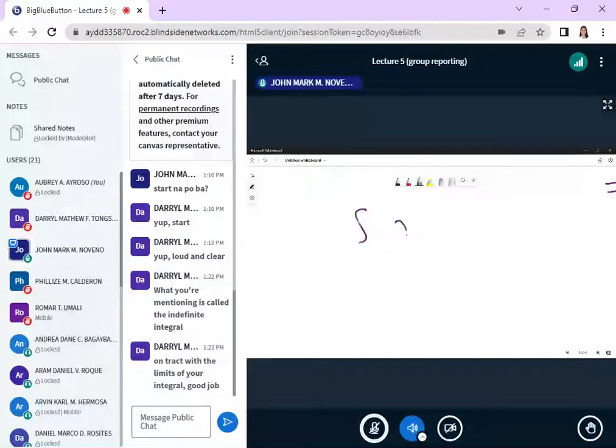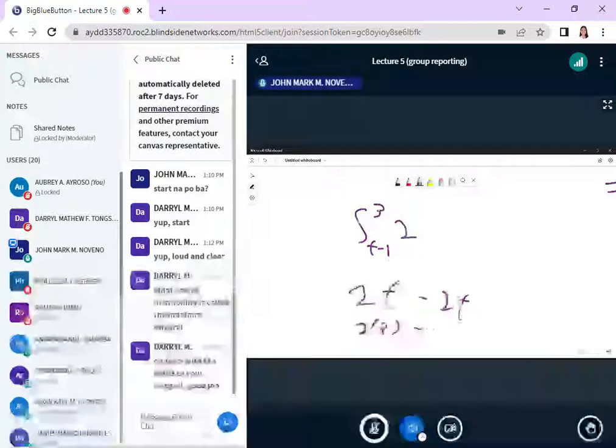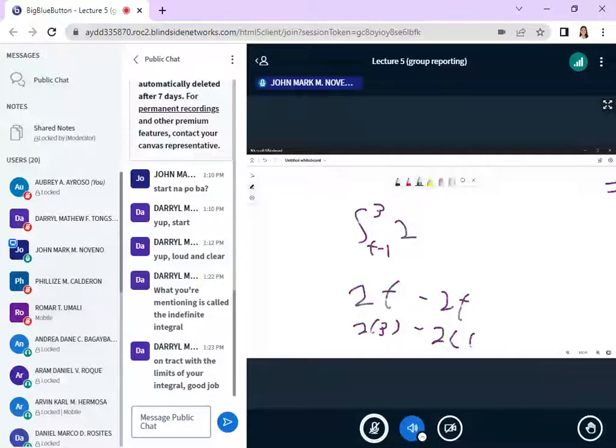Integral ng 2 with limits t minus 1 papunta sa 3. So, substitute na natin 2t upper limit minus 2t na lower limit. Diba? So, upper limit natin ay 3, so 2 times 3. Minus 2, ang lower limit natin ay t minus 1.